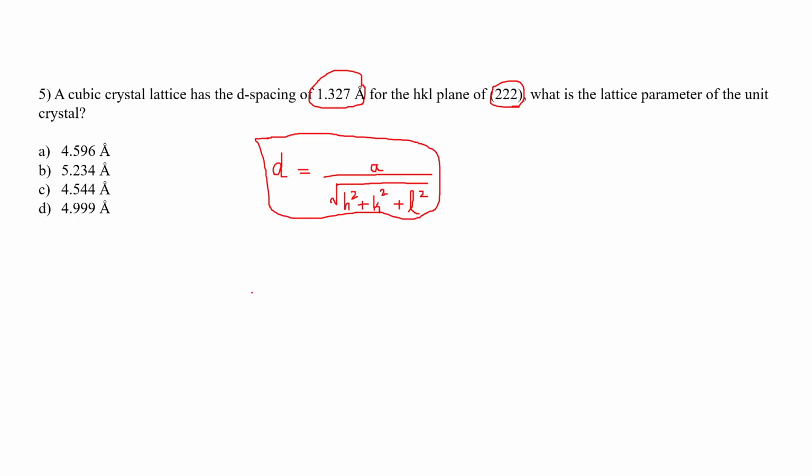Let me calculate it. Your A will be 1.327 into under root of 2 square plus 2 square plus 2 square, which is under root of 12.